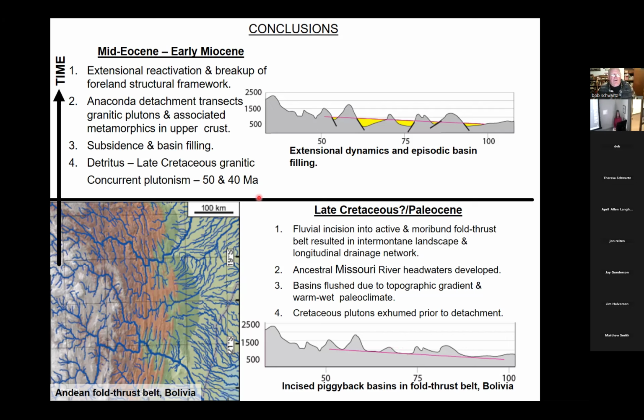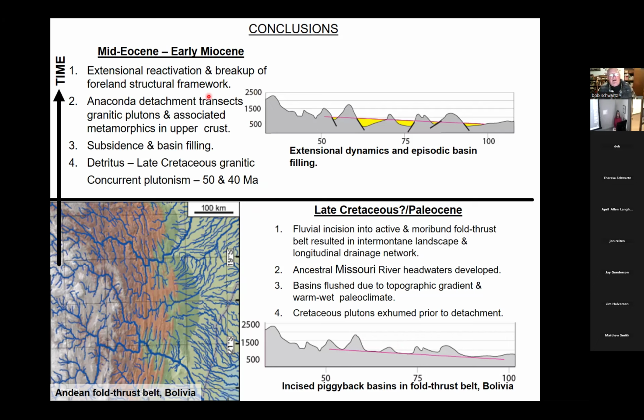Okay, let's go into Renova time. Starting with the Renova deposition, at the same time, cause and effect, there was extensional reactivation and breakup of the foreland structural framework.